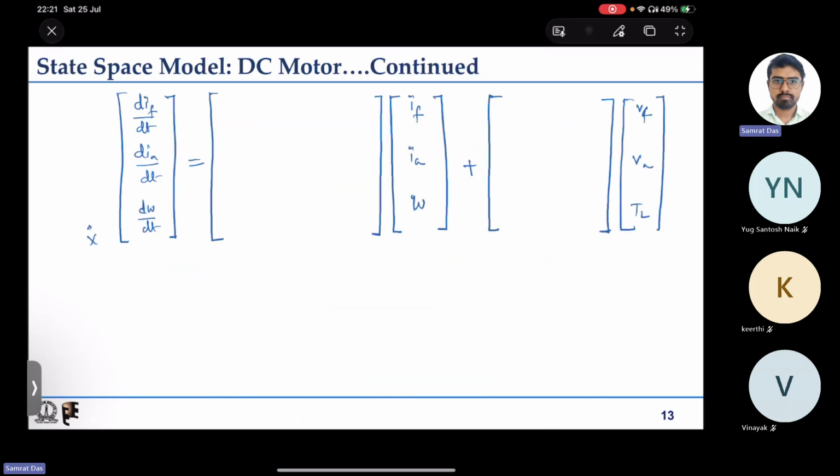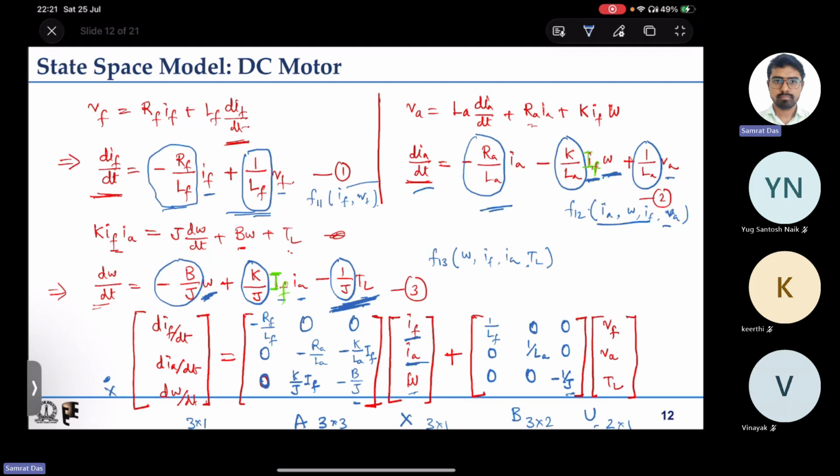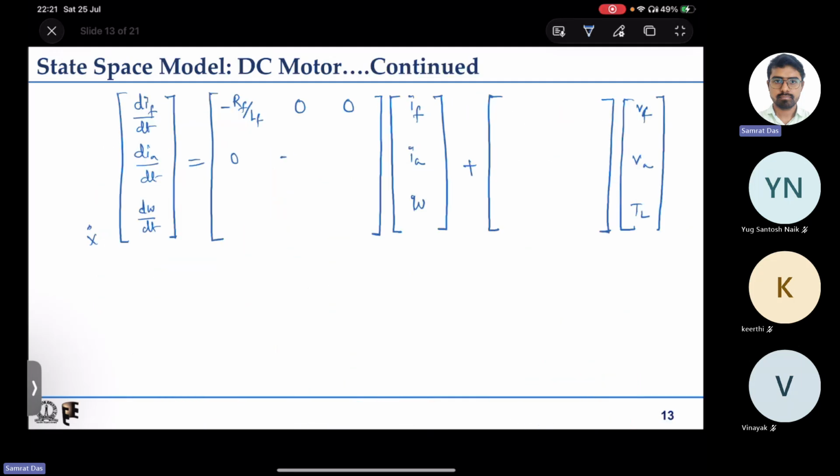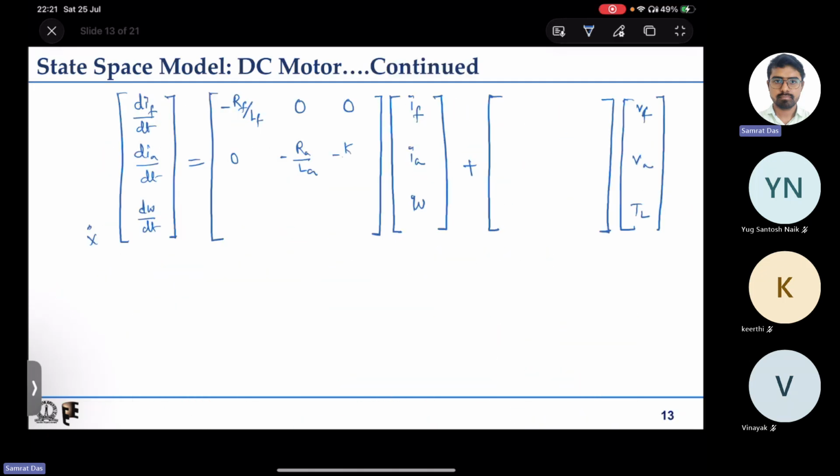So in the first row we have minus RF by LF, 0, 0. In the second row we have 0, minus RA by LA, and minus K by LA into IF.